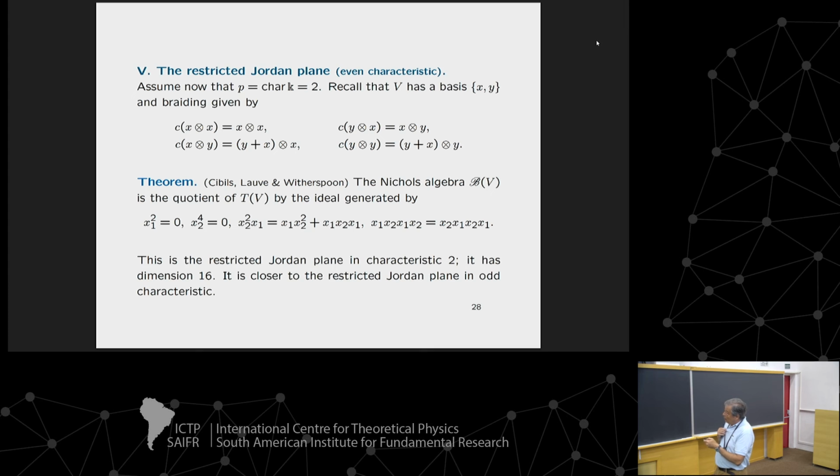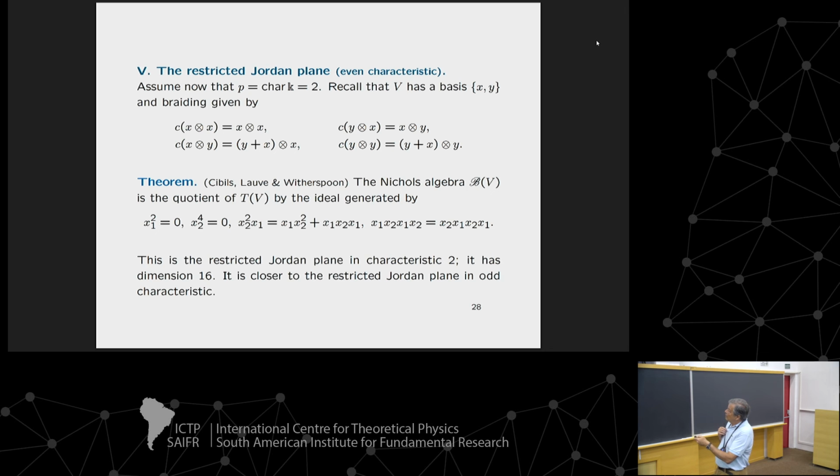Actually, this starts with a theorem by Sibyl, Slove, and Witherspoon, who observed in the same paper that the Nichols algebra B of V in characteristic 2 is the quotient of T of V by the ideal generated by the following relations. x1 squared is 0, x2 squared is 0, so this is similar to what we had before in the super case. In the super case, we had x2 to the 2p is 0, so it's the same.